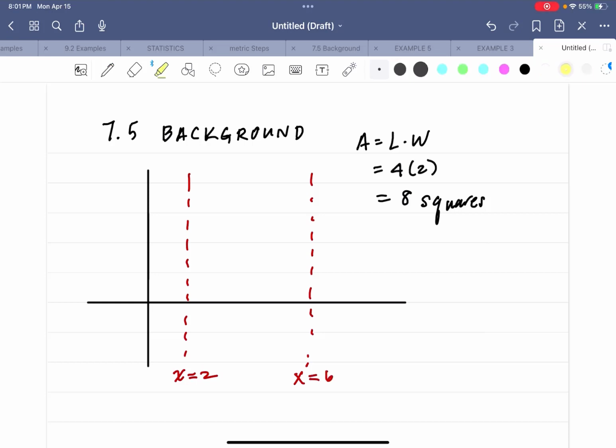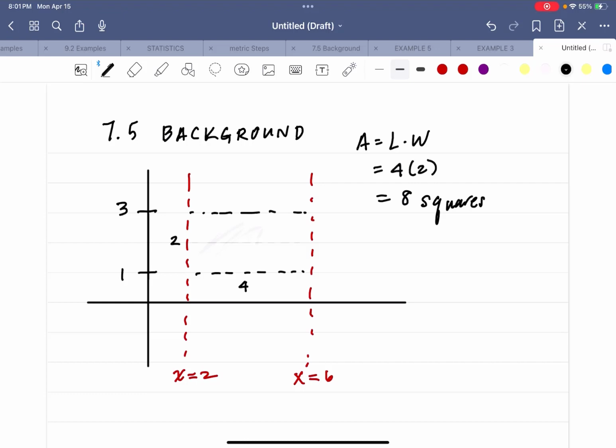And let's put the horizontals at 1 and 3. So it's the exact same rectangle, right? We're looking for the area inside of here. And you can see that that gives this side of 4 and this side of 2.